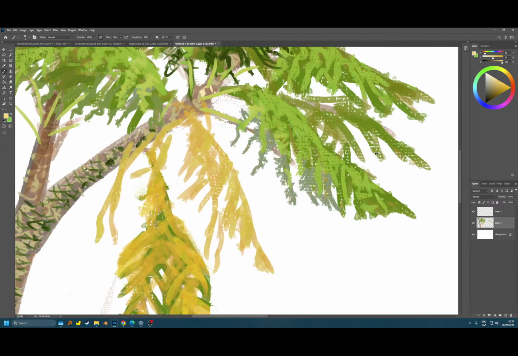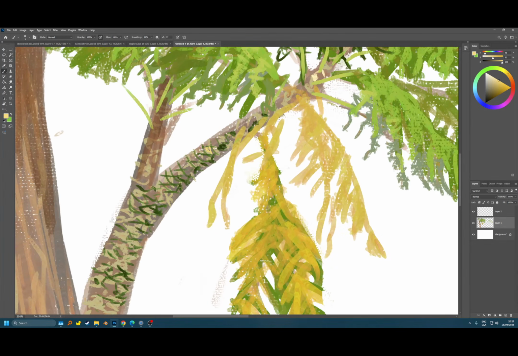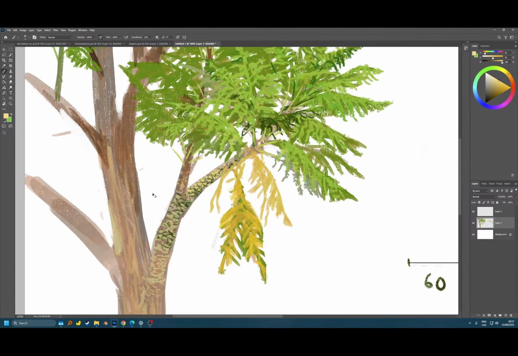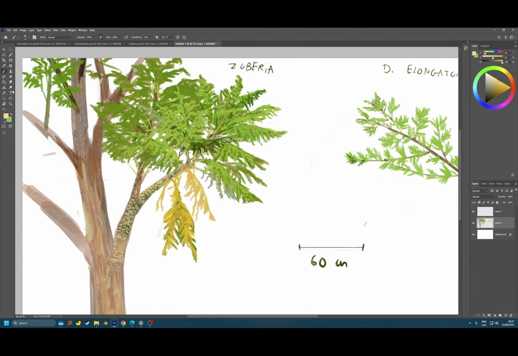The scales of Rexoxylon. I'm going to add a text here.